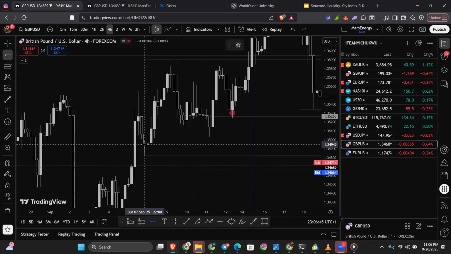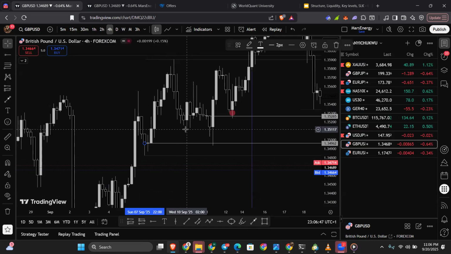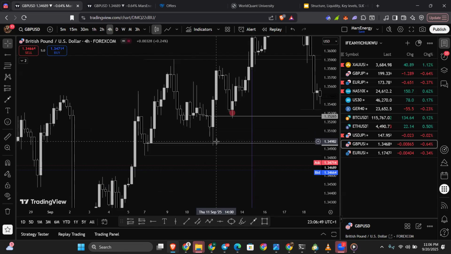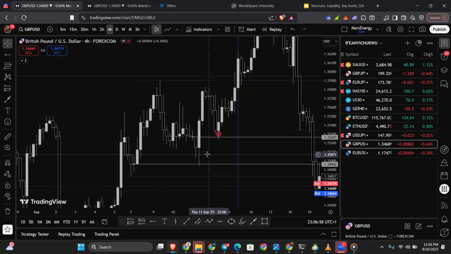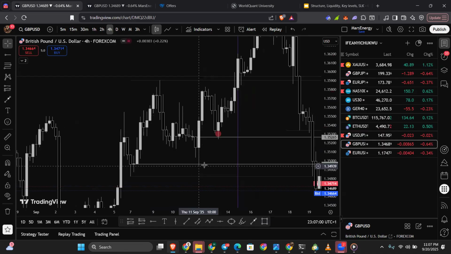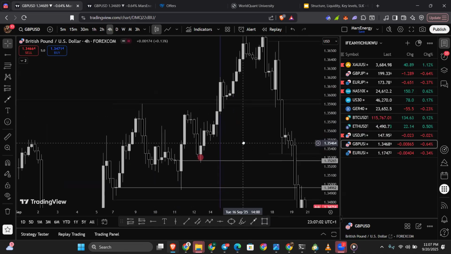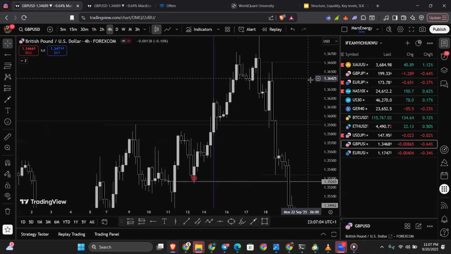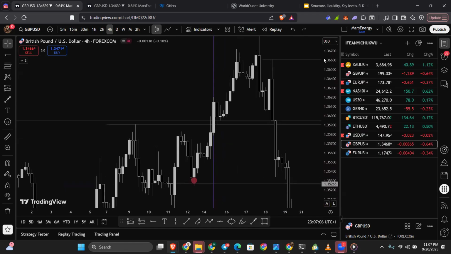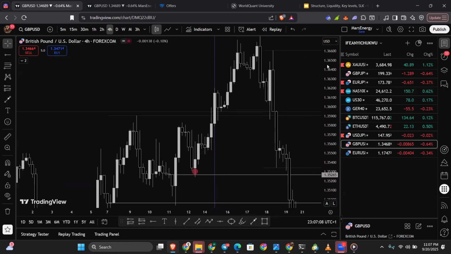So price uses a key level to sweep this liquidity, and for you to know that price really has intention to move, the moment it hit this key level, it was massively rejected. And this candle closing bullish is like a double confirmation. You just pull your trigger and move.